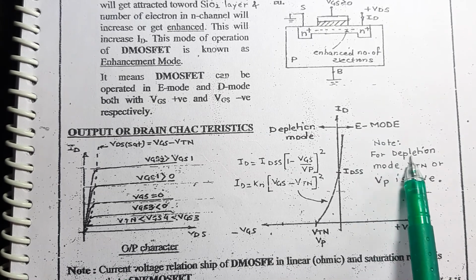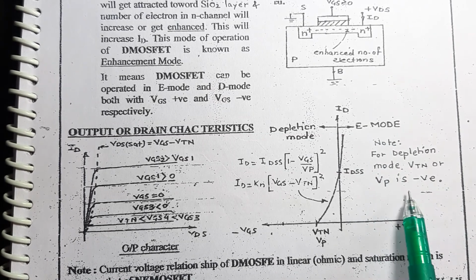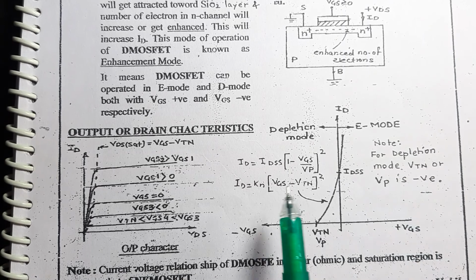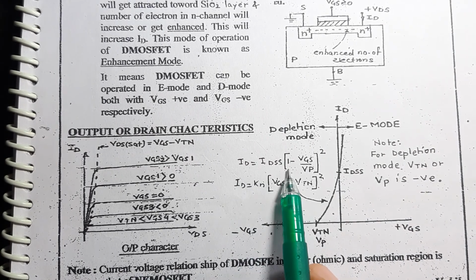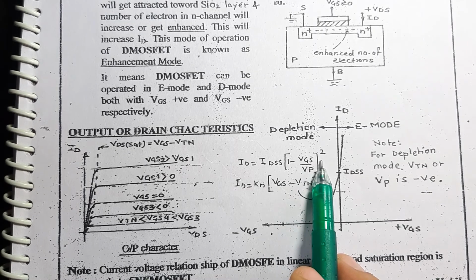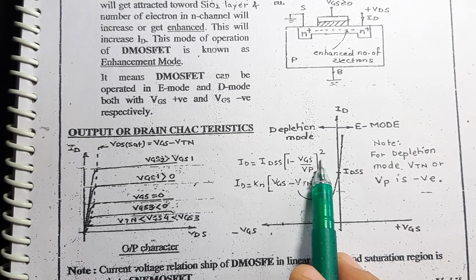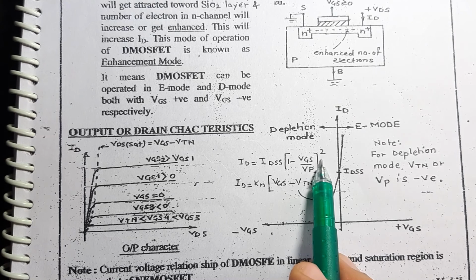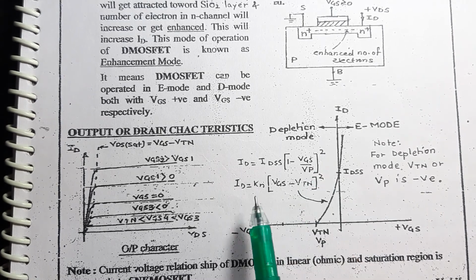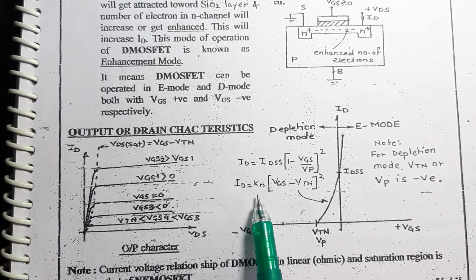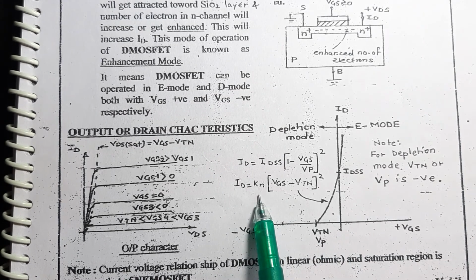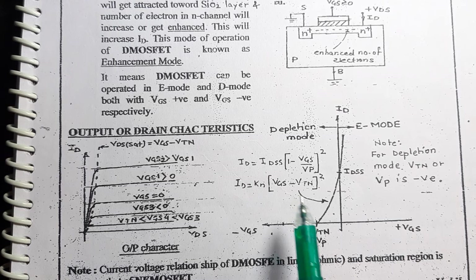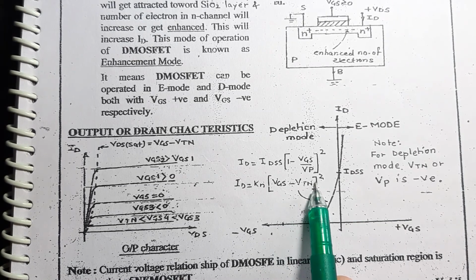Now note, for depletion mode, your VTN or the VP is negative, and the formula for ID is given by IDSS times (1 minus VGS by VP) whole square. That is nothing but the same, resembling the ones which we had in JFET, and your ID over here is given as the one value which is over here. If you have been given the conduction parameter, then your ID is given as Kn times (VGS minus your VTN) whole square.